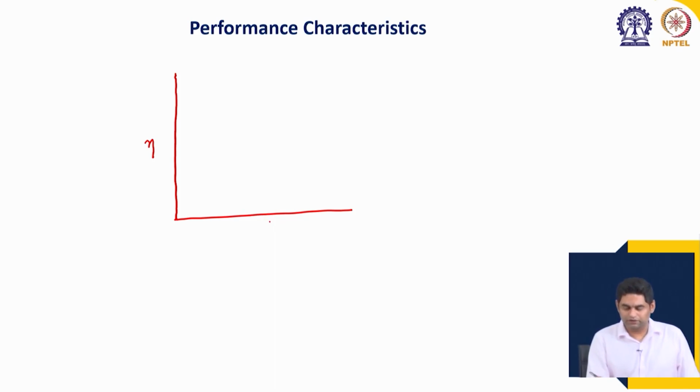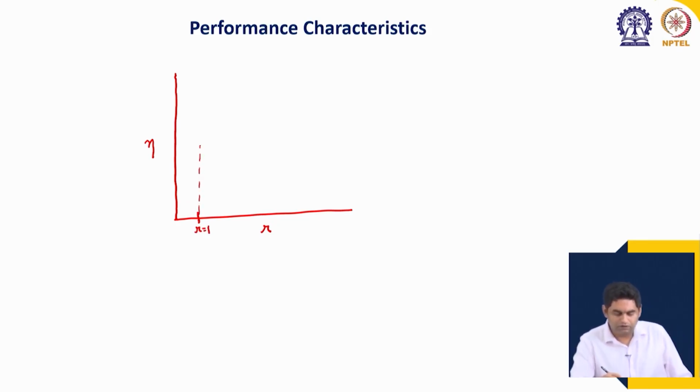So, in this case we need not draw it again, but for efficiency versus r we can compare it. So, this is, let us say, the minimum value of r corresponding to 1, and we will draw this line which shows the limit of the minimum value of r.